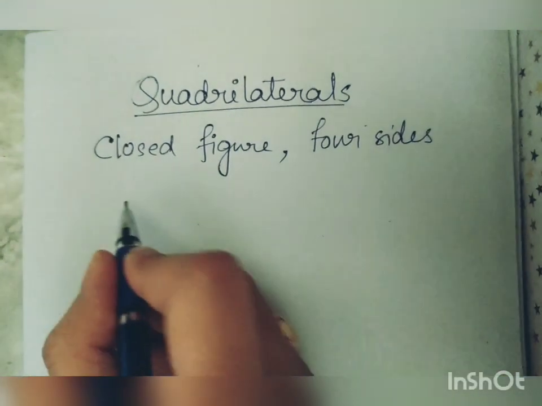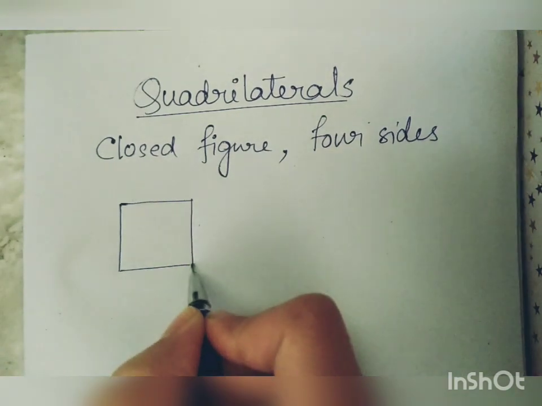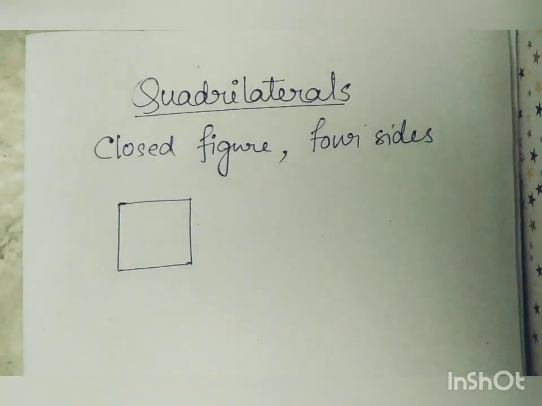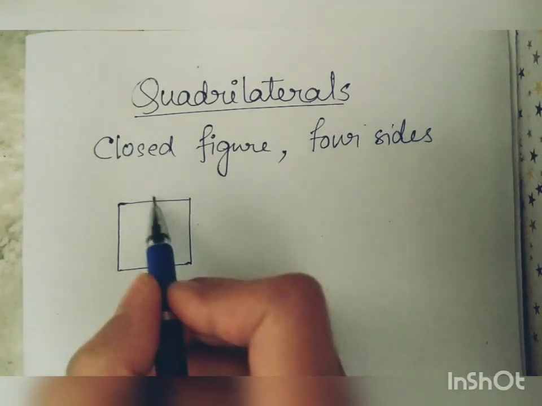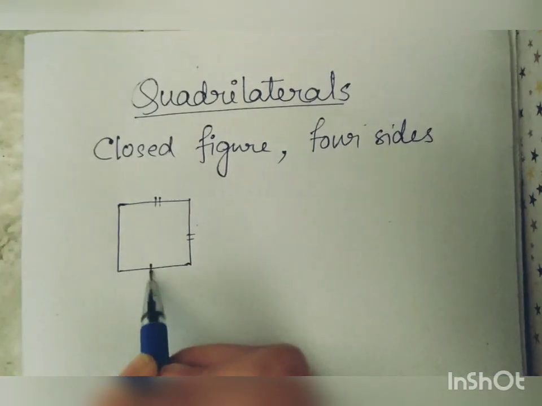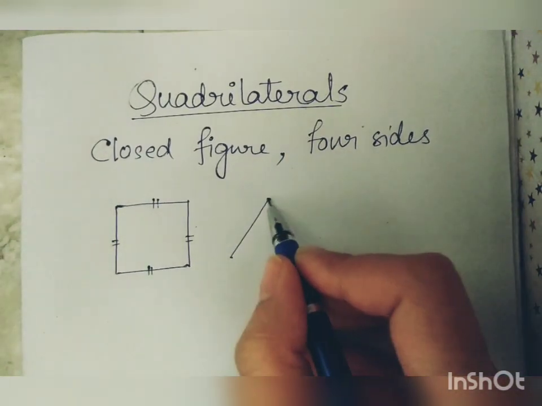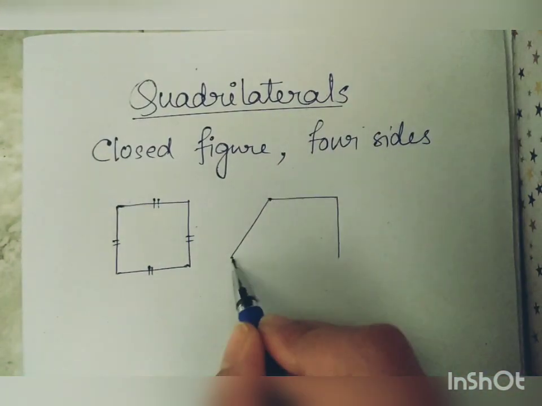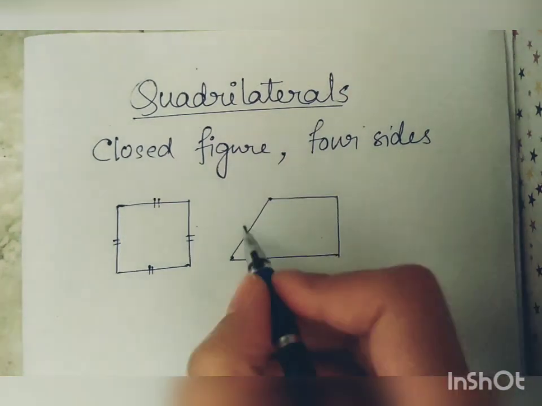Now it can be different shapes. You can see this is also a closed figure, and this is also having four sides. Let's take another shape. This one is also a closed figure.